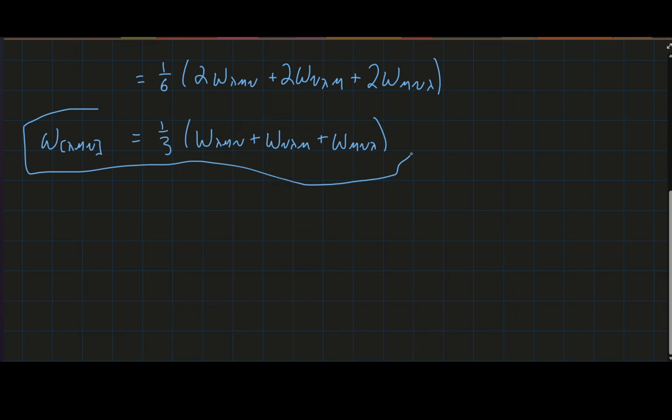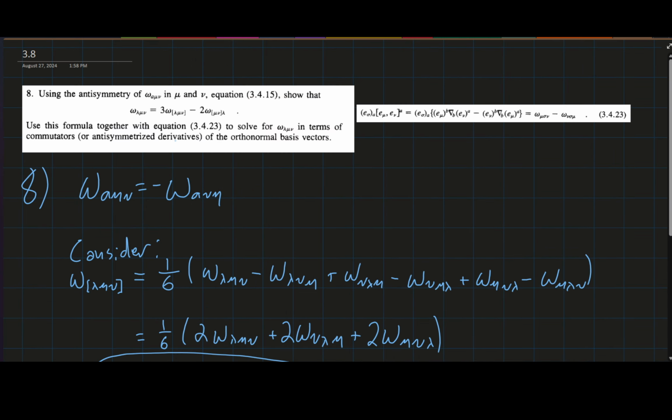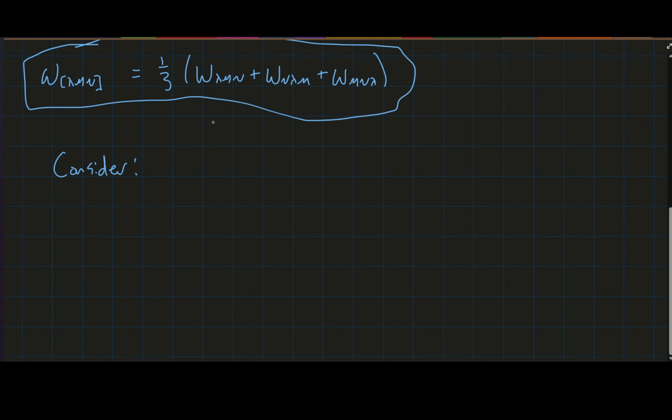And we can come back to this. We can also now consider the other term that shows up on the right-hand side of the equation. I'll scroll up and remind you that we have this omega anti-symmetrized over mu and nu, and then a lambda at the end. So let's consider that and also expand it out similarly to how we did for the last one.